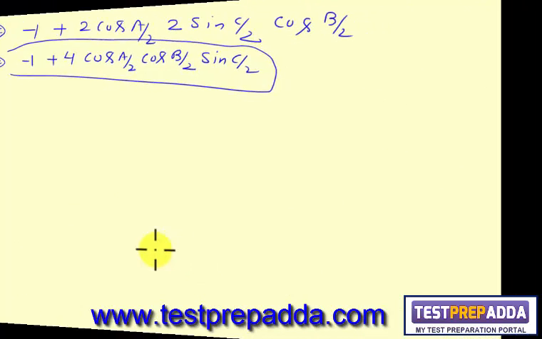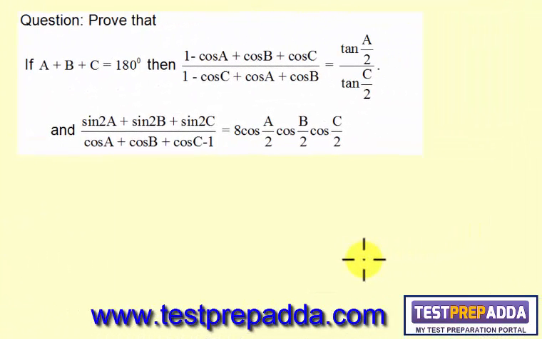Okay. Now dear students, you prove these two identities on your own. It is in the form of a question. It says prove that if A plus B plus C is equal to 180 degrees, then (1 minus cos A plus cos B plus cos C) upon (1 minus cos C plus cos A plus cos B) is equal to tan A by 2 upon tan C by 2.